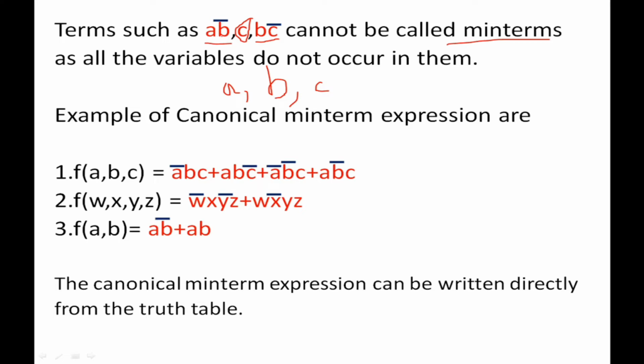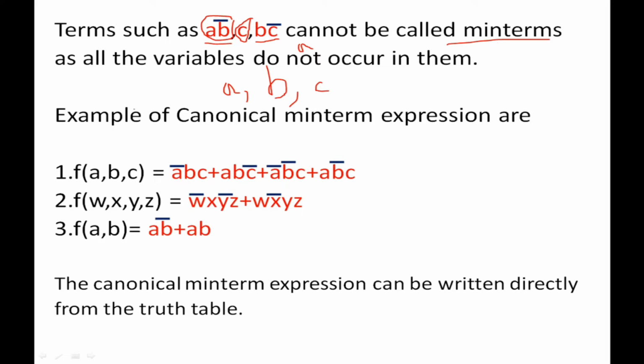Similarly, the term c, where a and b are missing, cannot be considered a min term. And b, c bar is also not a min term, since variable a is missing.